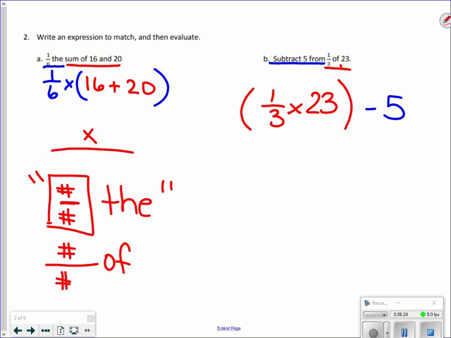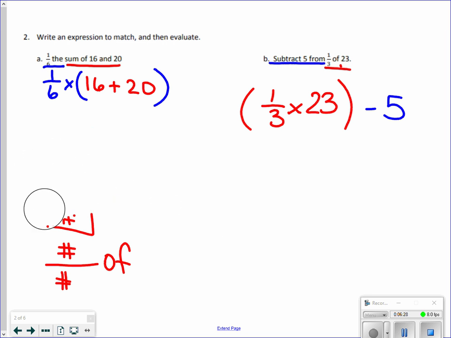Oh, we didn't solve them. You're right. We didn't evaluate. So why don't you go ahead and evaluate 2A and 2B? With your order of operations, what needs to be done first?